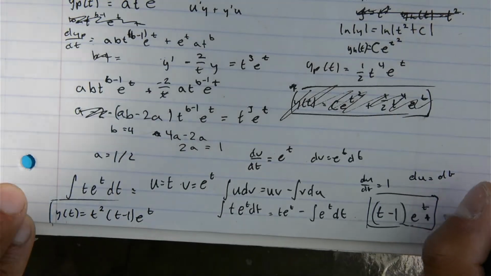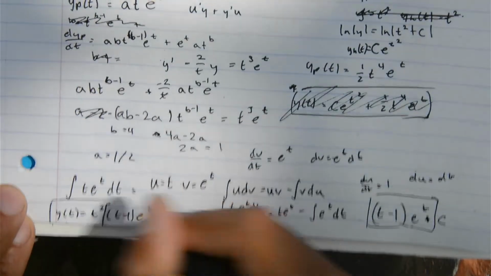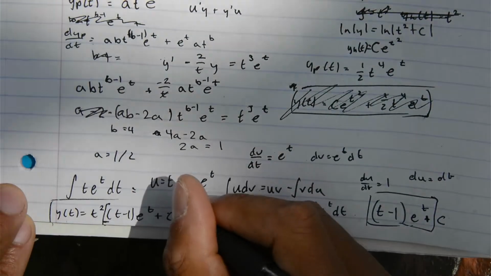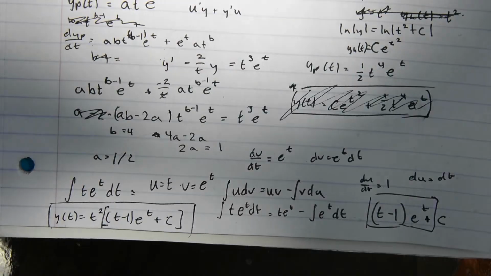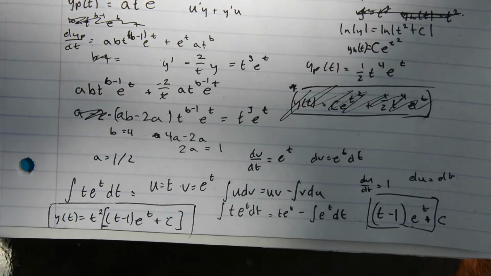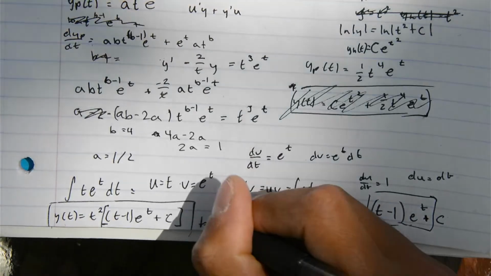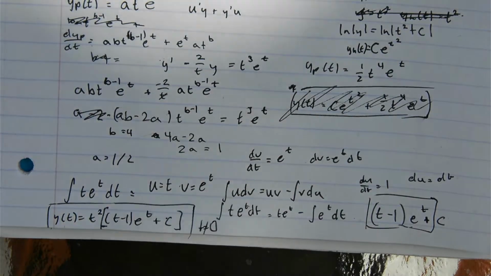This is plus c. Okay, I think that's the final thing. Yeah, okay, that's correct. And I guess they require t is not equal to 0.